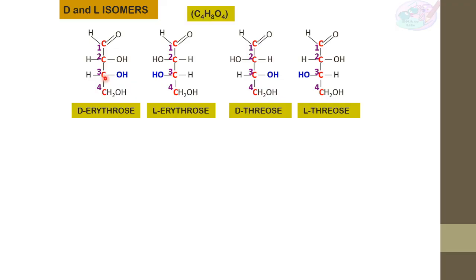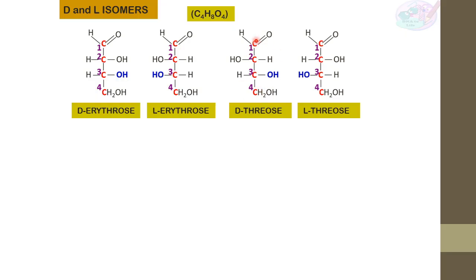Because this carbon corresponds to that single chiral carbon present in glyceraldehyde. So to keep the uniformity of this isomerization, we always take this penultimate carbon to name them D and L sugar. So here on this penultimate carbon, if the OH is on the right side, we call it D sugar, and if the OH is on the left side, it will be L sugar.